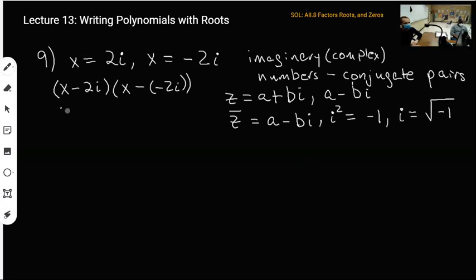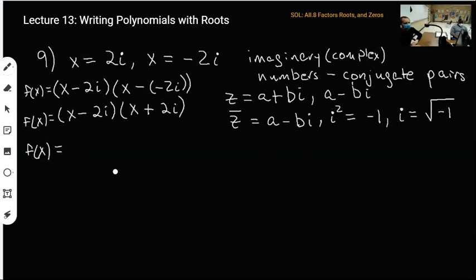And when I cancel those, I get a plus. So I'm going to get x plus 2i. And all the while, I've been forgetting my f of x, so I apologize for that. f of x. Yep.